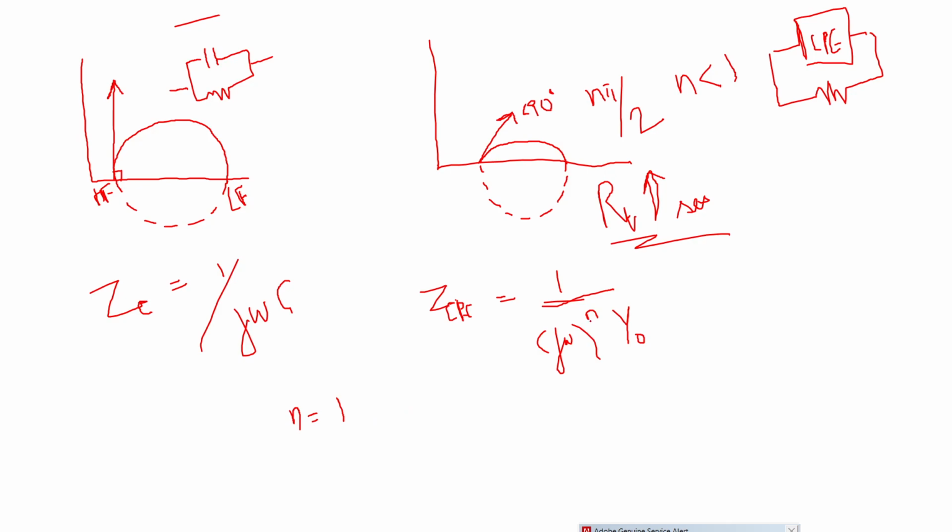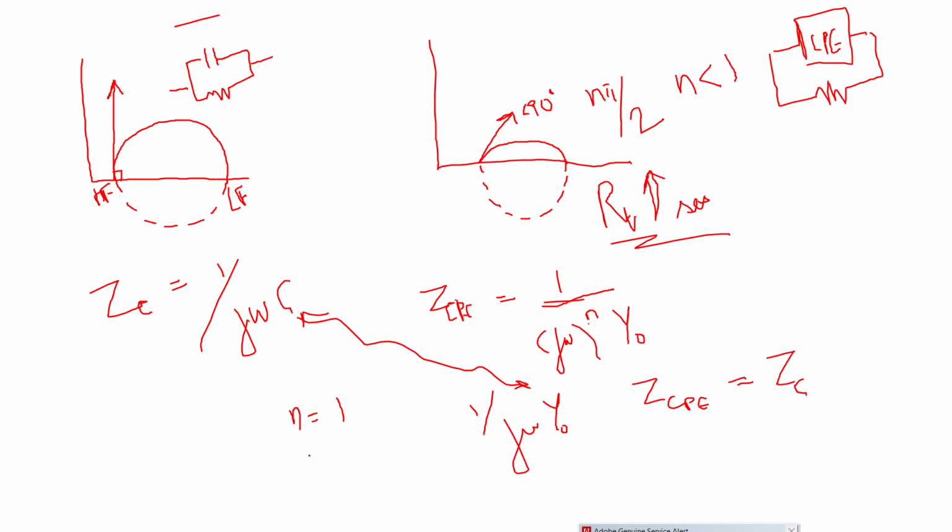Yes, for n equal to 1, you can reduce it to 1 by j omega Y naught, where Y naught is a constant. So it is similar to a capacitor. Here you are approximating ZCPE to a capacitor, which means you have a perfect semicircle.